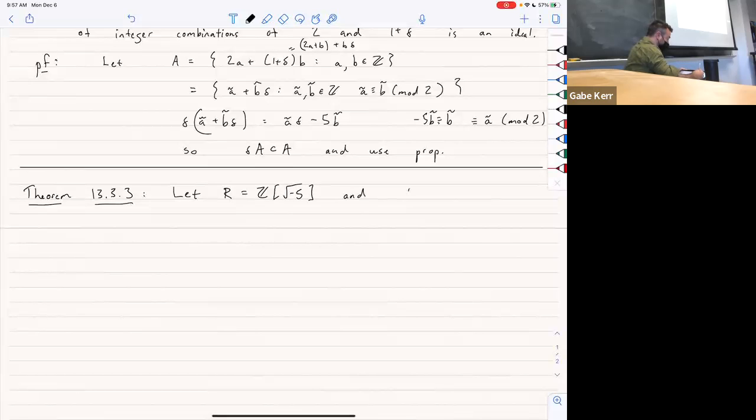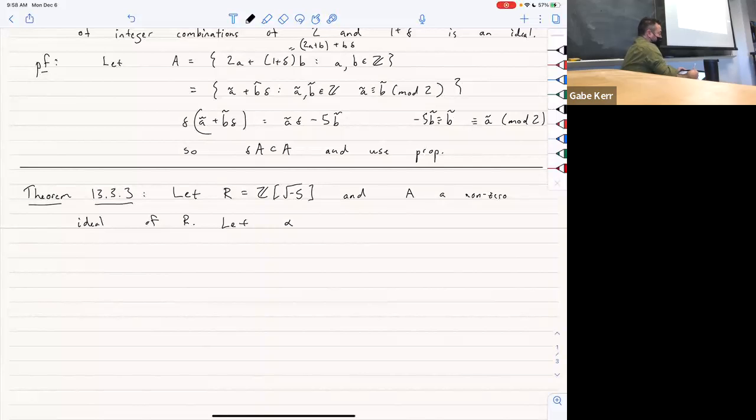Take a non-zero ideal alpha. A is a lattice. It's a subgroup of this, which is already a lattice, so we have a sublattice.